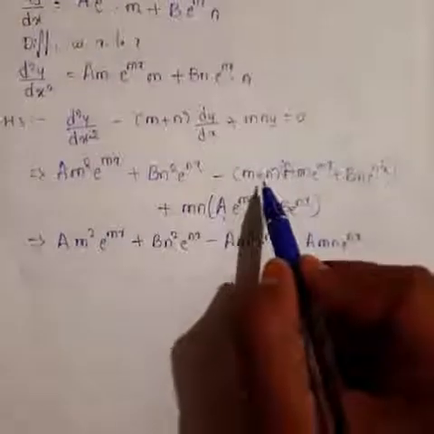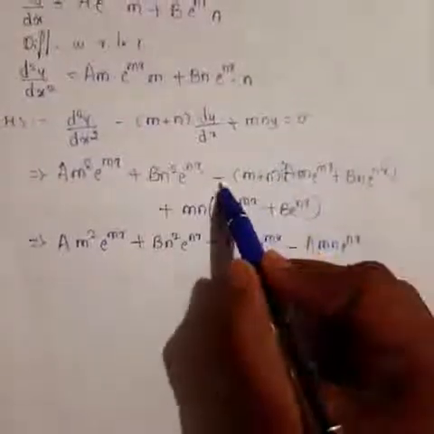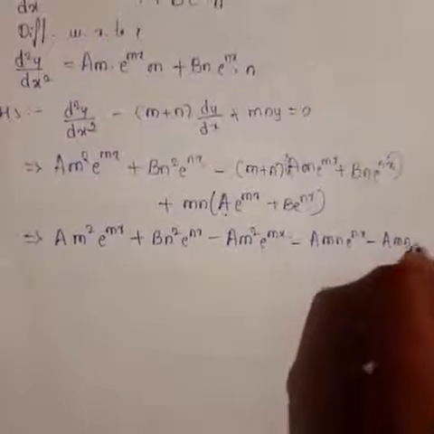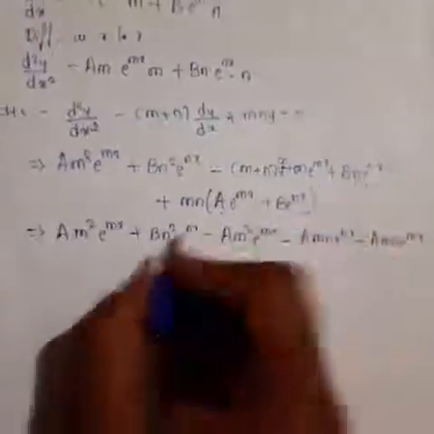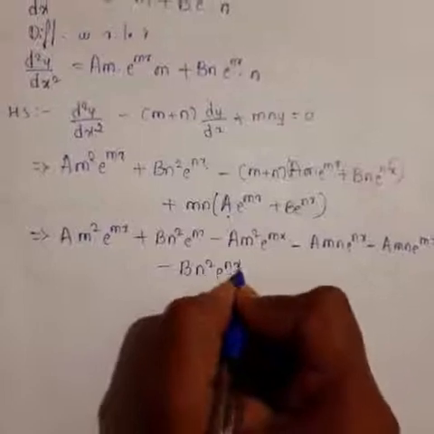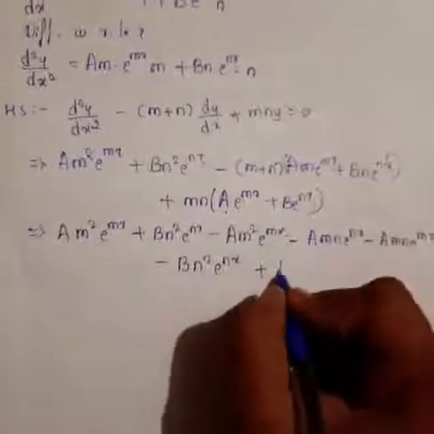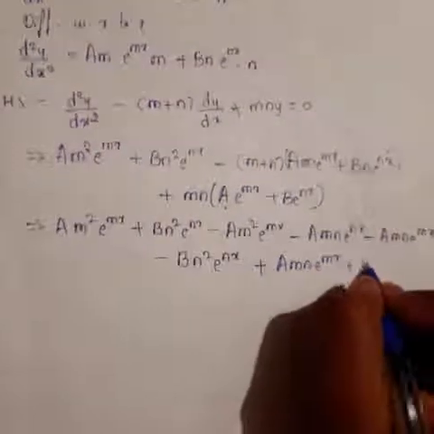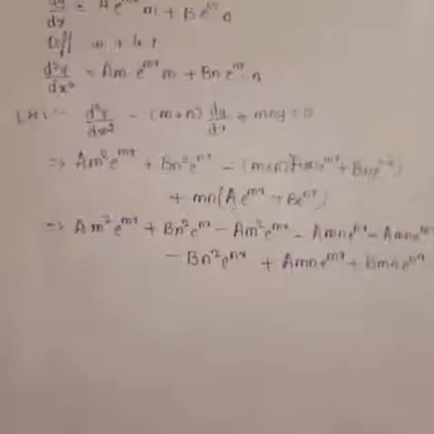Next, multiply this term to these two, minus n into this term means minus amn e raised to mx, minus n into this term means minus b n square e raised to nx plus, again multiply mn into these two terms. You will get amn e raised to mx plus bmn e raised to nx.